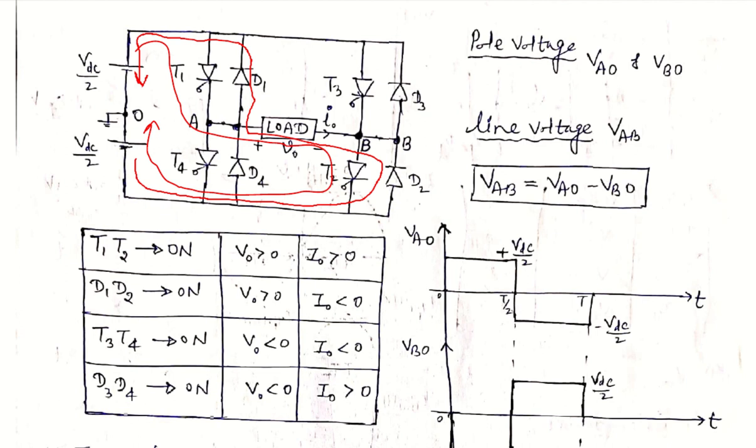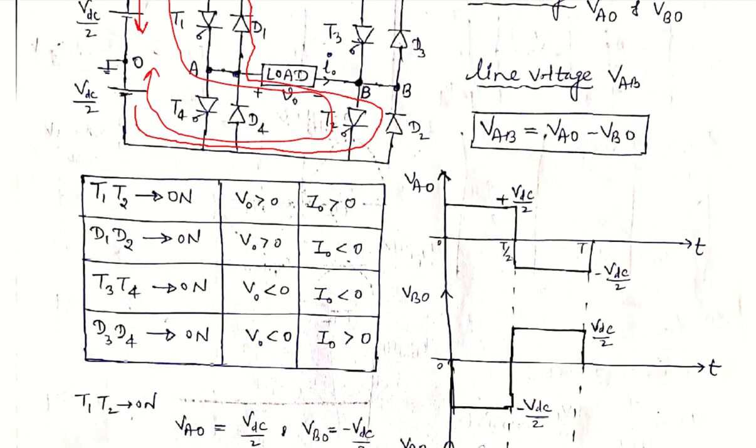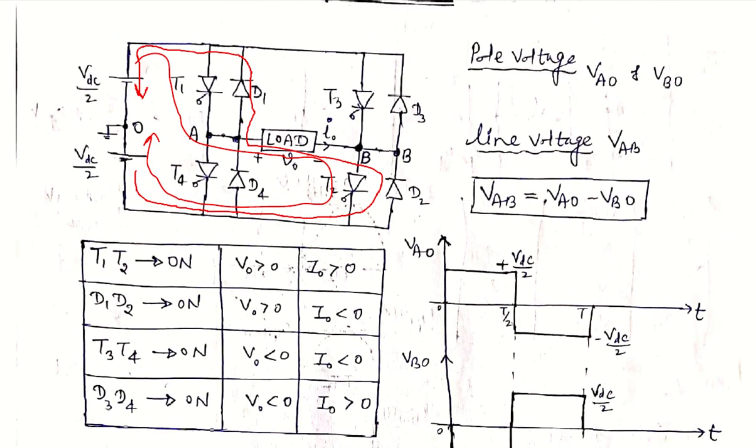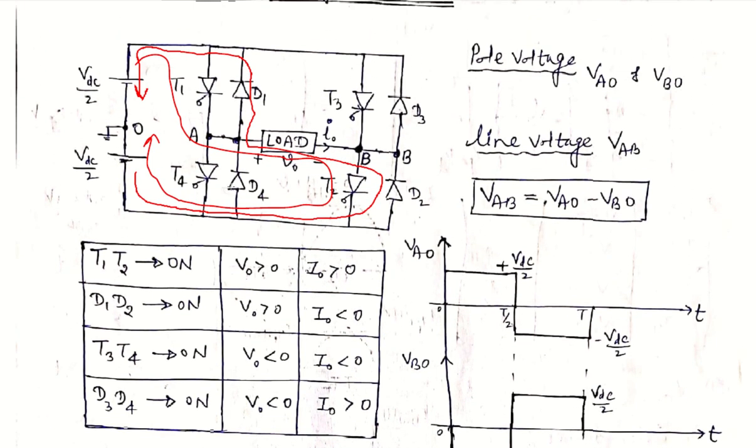So now we will draw the voltage waveform for this pole voltage and the line voltages. So VA naught, the pole voltage. How do we calculate the pole voltage? If you want to calculate the pole voltage, it is the voltage of point A with respect to O. If we write the KVL equation in this path, VDC by 2 minus VA naught equals 0. Then VA naught equals plus VDC by 2.